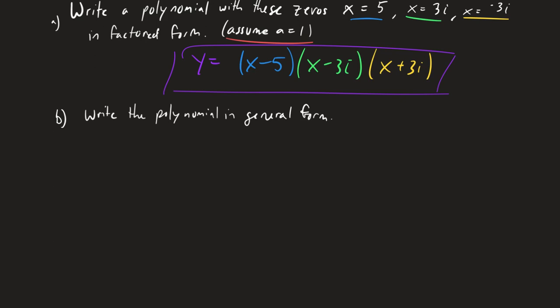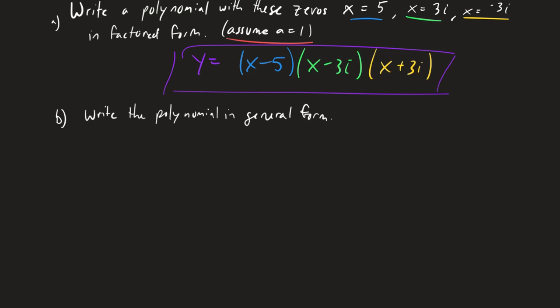And so remember, you can only multiply 2 things at a time. So I'm going to pick any 2 of these to multiply together. So I can multiply this one times this one, this one times this one, or I can multiply these 2 together. It doesn't matter. What I really suggest is that when you have factors that are like each other, like these both have imaginary numbers in them, multiplying these together first is going to make your life a lot easier than if you multiplied these and then multiplied this one in later.